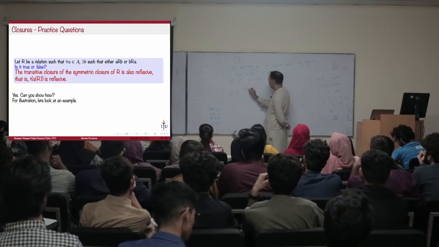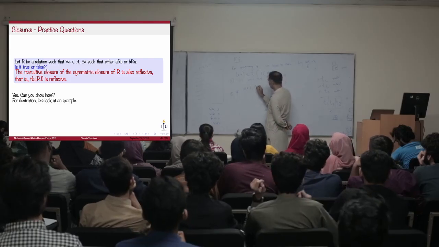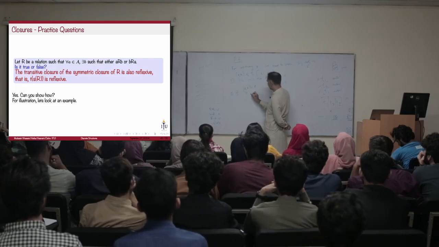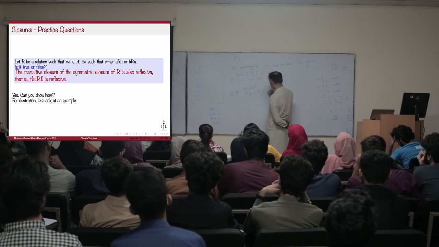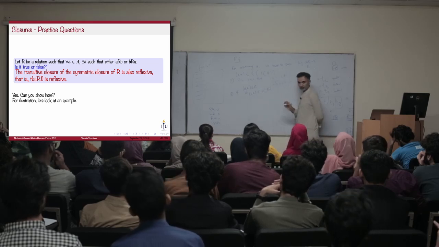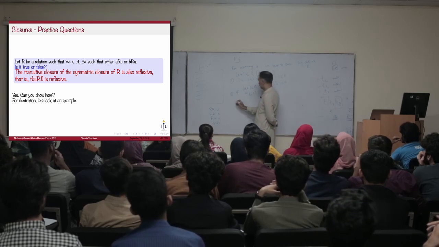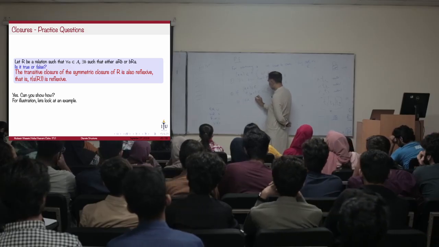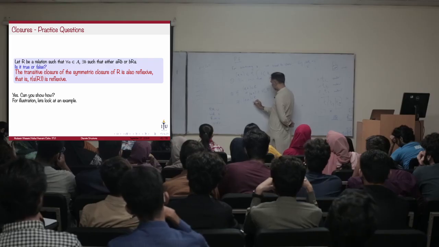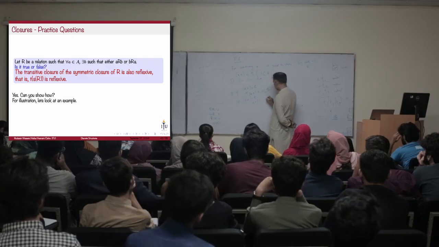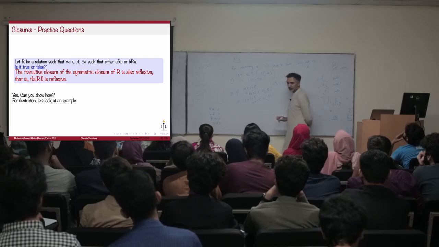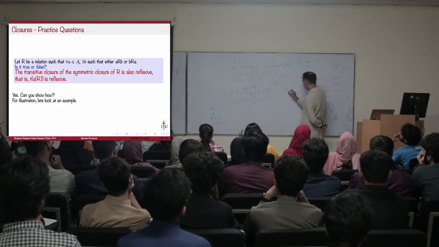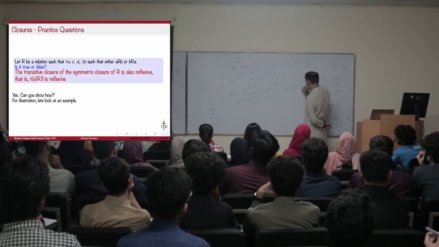If (A, B) is in R, it implies that (B, A) must be in the symmetric closure of R. And if (B, A) is in R, then (A, B) must be in the symmetric closure of R. This is the definition of symmetric closure.